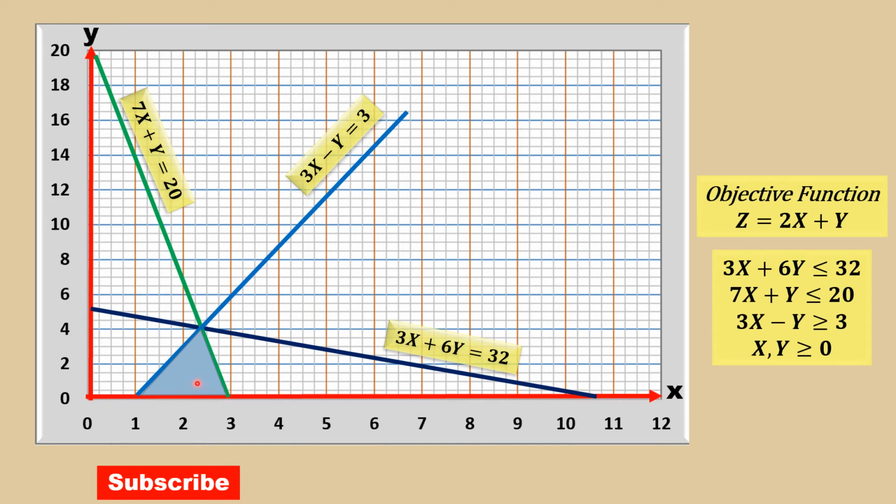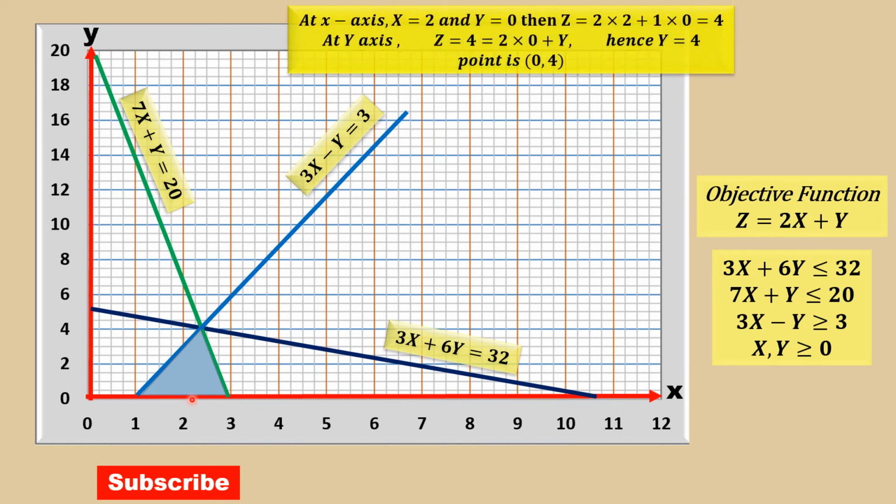So if x equal to 2, of course y equal to 0. So at x-axis, x equal to 2, y equal to 0. First point we already assumed, it is 2, 0.